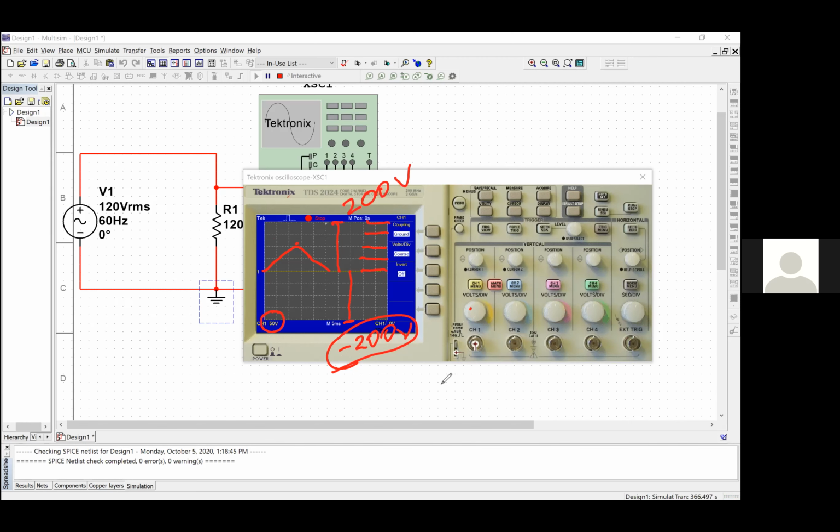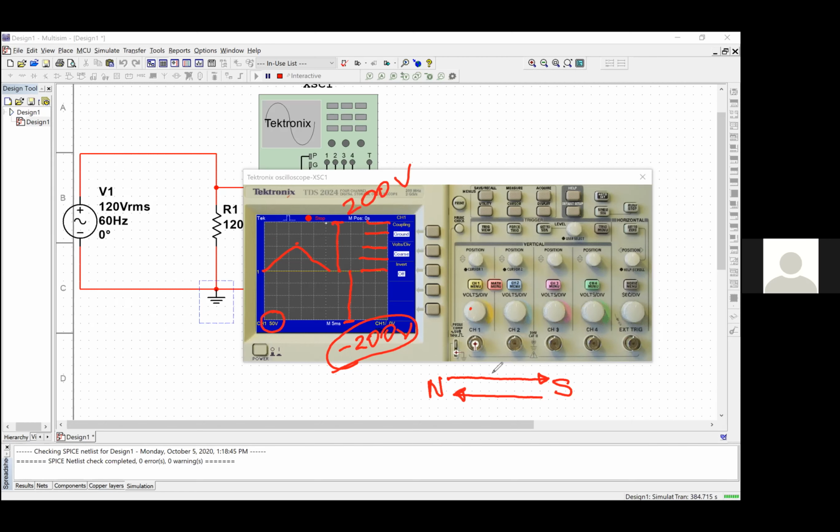Like in the case of AC, let's say that this is north and this is south. At one single time, your current flows north to south. At the other instant, the current flows south to north.